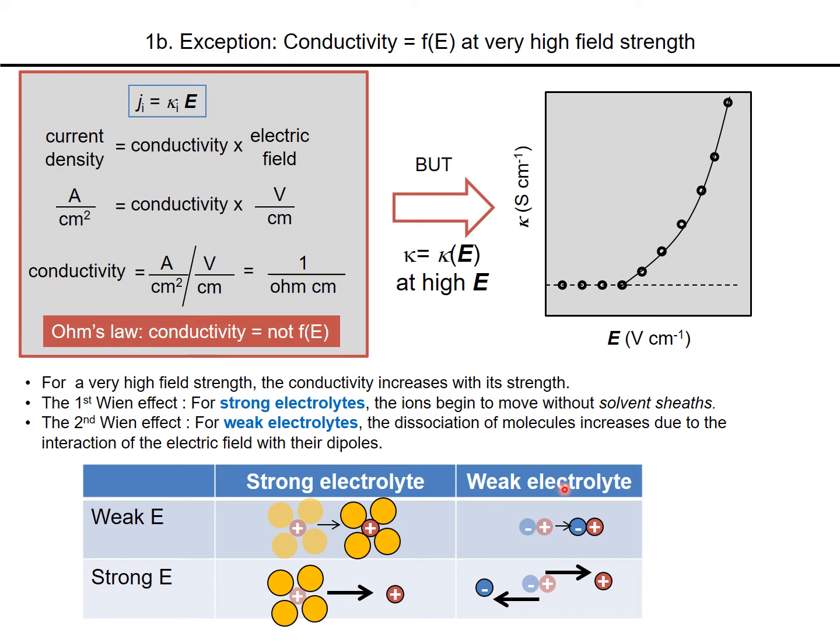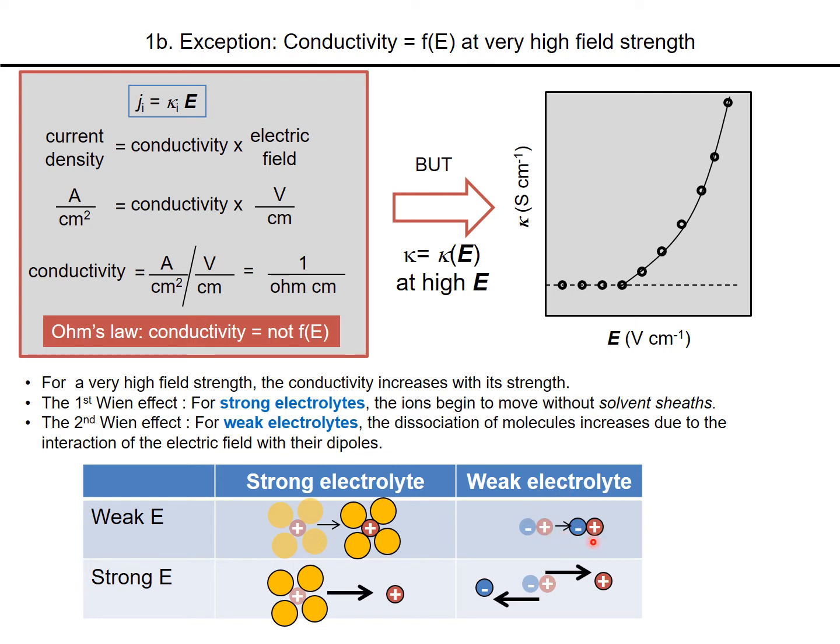Let's go to weak electrolyte like acetic acid. There is still an attractive force between cation and anion. So even in electrolyte, you have an ion pair like that, minus plus. And in weak electric field, this pair is moving without losing its integrity.